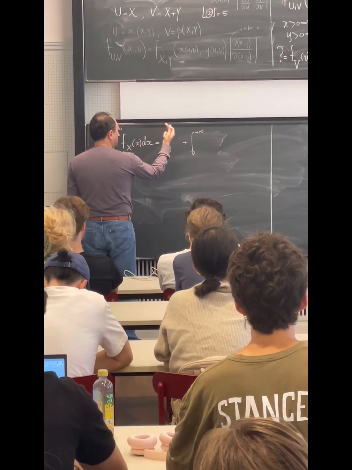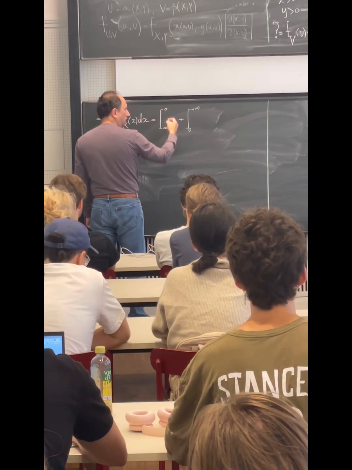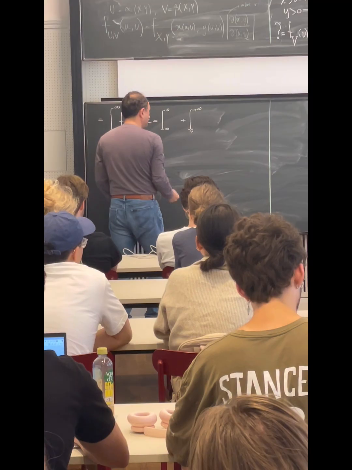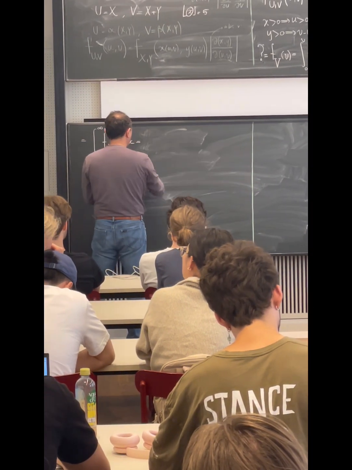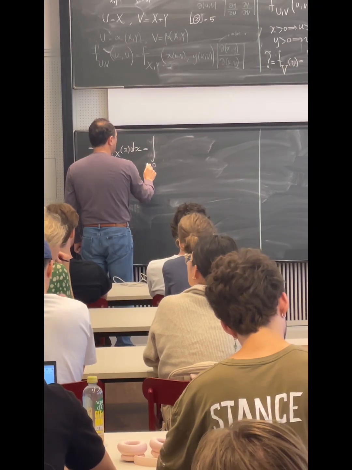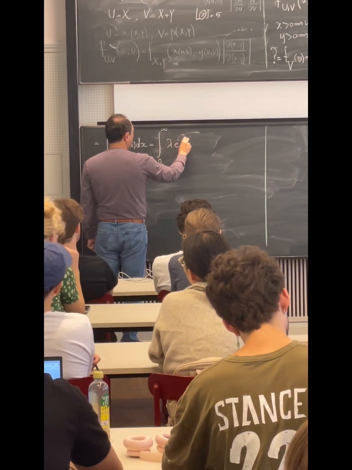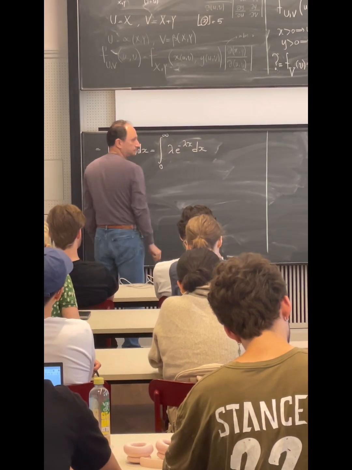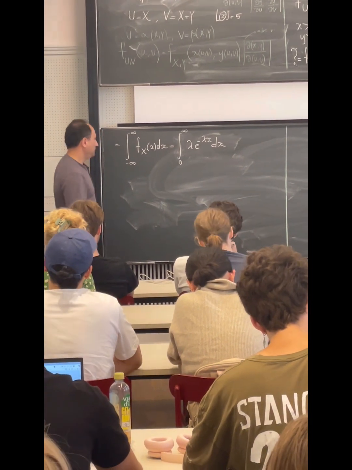But from minus infinity to 0, this one is 0, so it goes away, and this will remain. You don't need to waste so much time, but this is if you want a better understanding. So this becomes the integral from 0 to infinity of lambda e to the power of minus lambda x dx. Yes? Please interrupt me if you don't understand something.